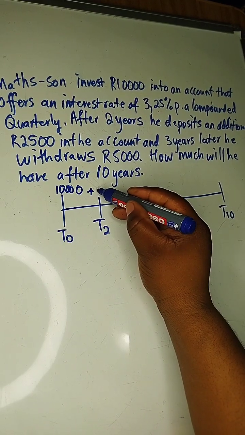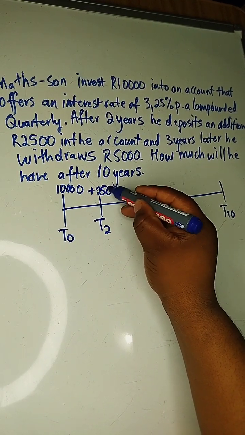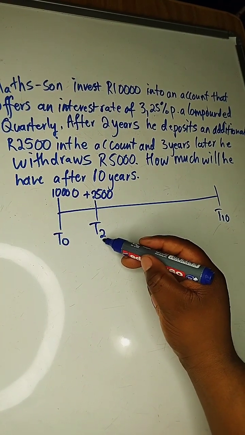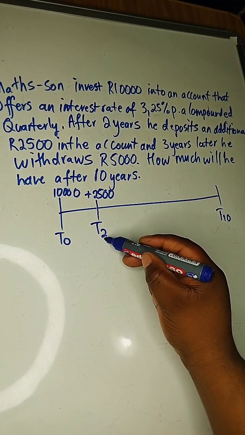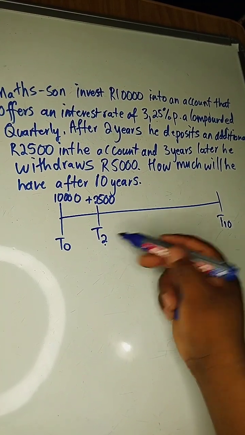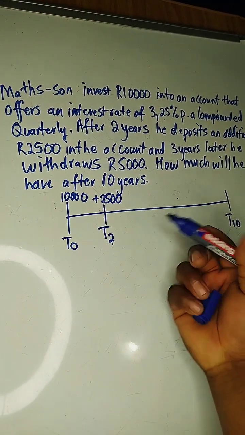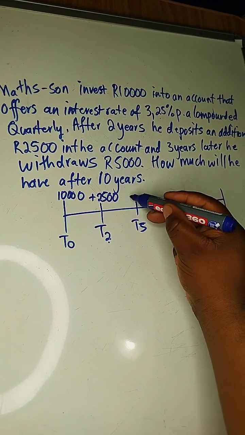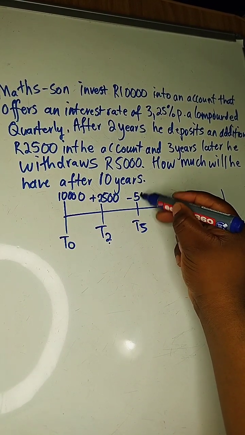Here there was an additional 2,500. Then after 3 years, so that is 3 after 2, so that is 3, 4, 5. That is T number 5. There was a withdrawal of 5,000.